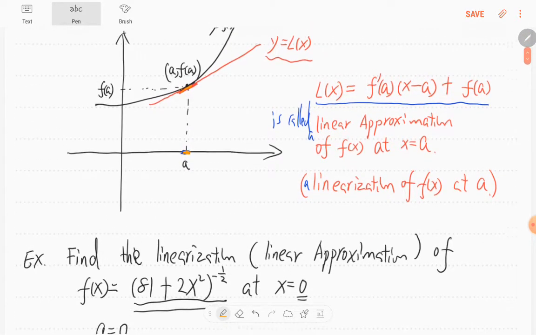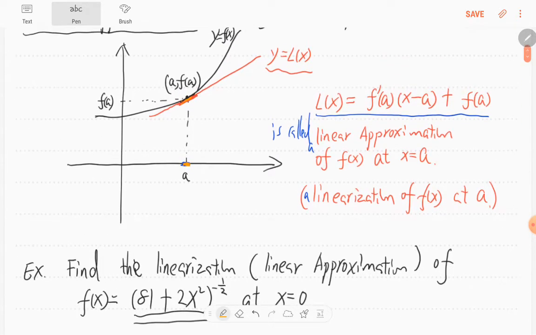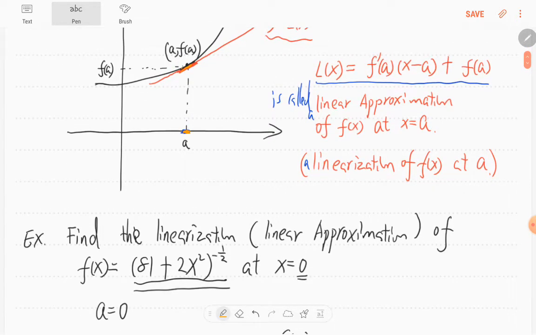So now let's look at this example. The example says find the linearization or linear approximation L of x of this function f of x equals (81 plus 2x squared) to the negative 1/2 at x equals 0. So here a is equal to 0.